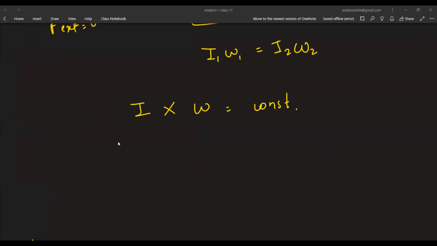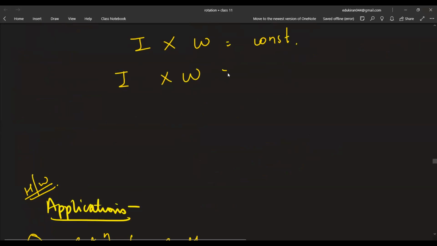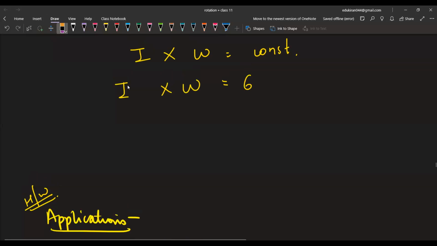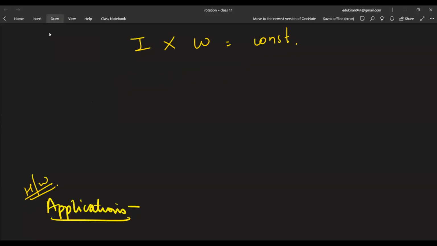So suppose I have I into omega. I am writing this as a table, just see. I into omega is constant.